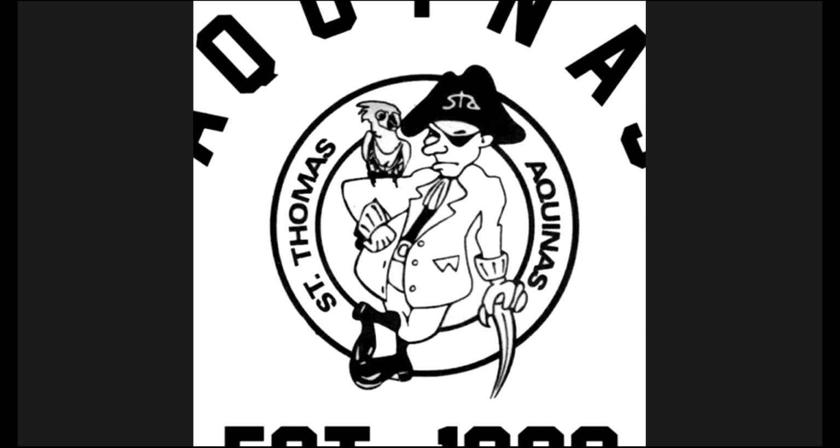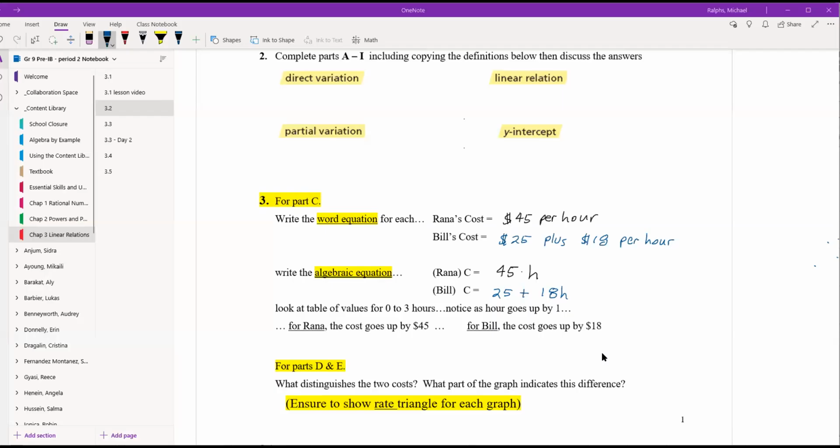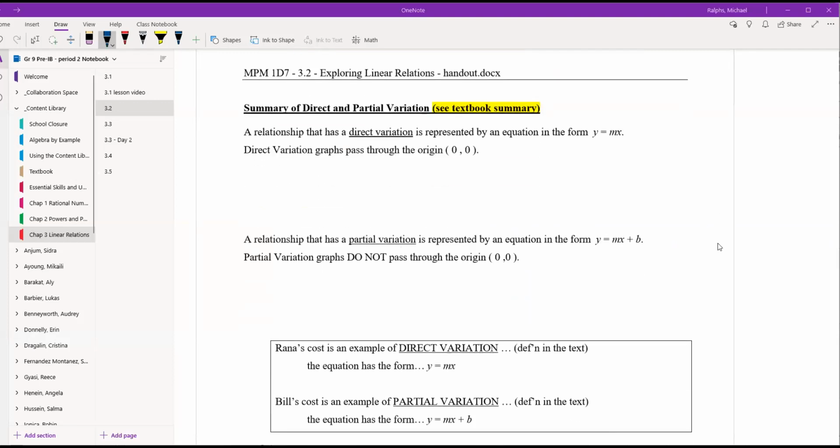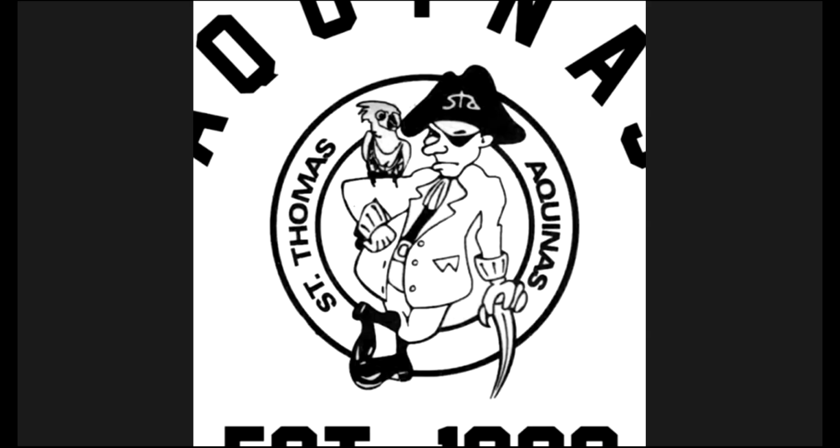Okay, and let's see, is there anything else we want to look at here? Show the rate of change. I think that's sort of all we're going through. So if you can use the summary that's in the textbook that you see right here.